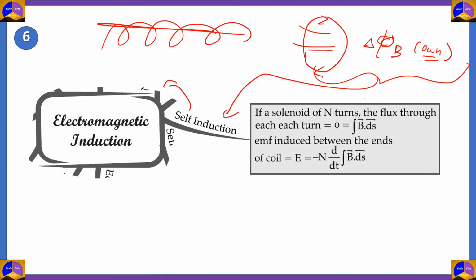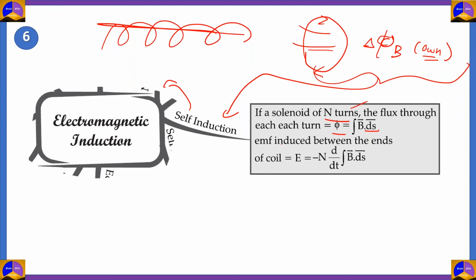So if we have a solenoid of N turns, we have flux phi equal to B dot A. So again, we use the integral of B dot ds, where ds stands for change in area. So a solenoid has N turns. The value of phi here is for just one turn.